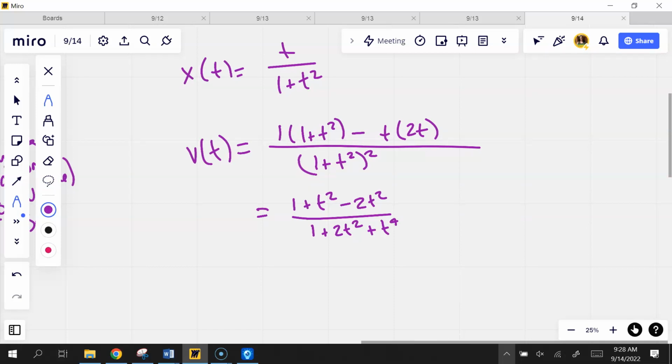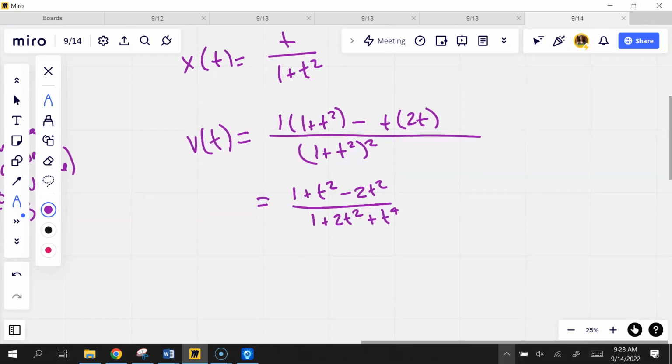I don't know if I needed to do that or not. I might just leave that in factored form that way. Either way is fine. That is a difference of 2 squares up top. Which 2t?